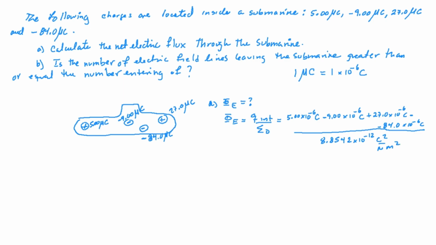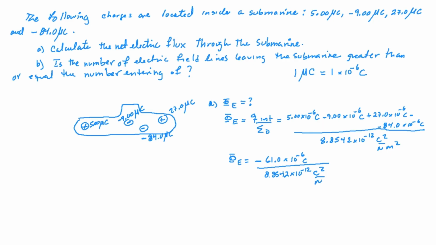Well, when you find this Q interior, 5 minus 9 plus 27 minus 84, that would be minus 61.0 times 10 to the negative 6 coulombs, all divided by 8.8542 times 10 to the negative 12 coulomb square over newton meter square.